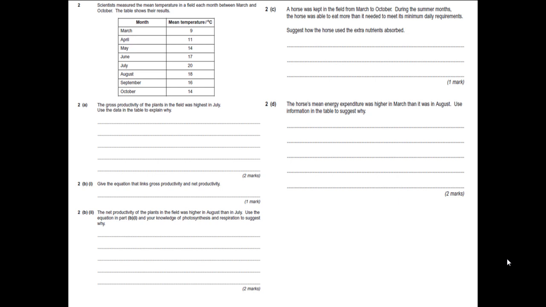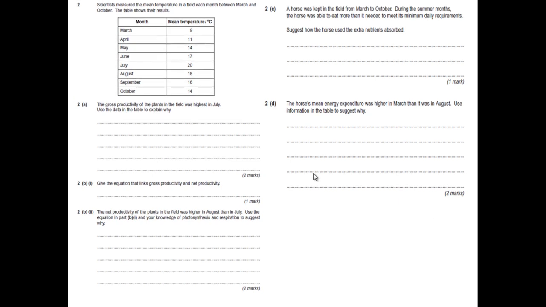So they're asking why the gross productivity. In this instance, gross productivity is always linked to the amount of biomass produced, or the amount of material produced from photosynthesis. And so you have to explain why in July you would assume the gross productivity of the plant will be highest. It's hotter then, and this is linking to enzymes.